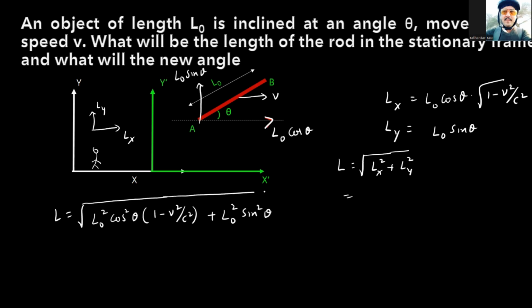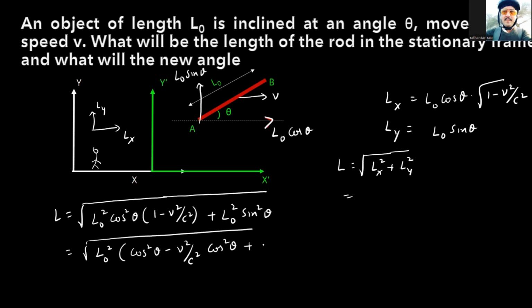We have got all of them now. What's the next thing? See, L naught square is common here. So I'll take out common L naught square inside the brackets: L naught square into cos square theta minus v square by c square cos square theta plus sin square theta.